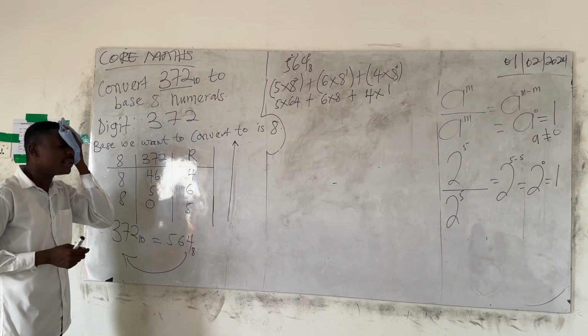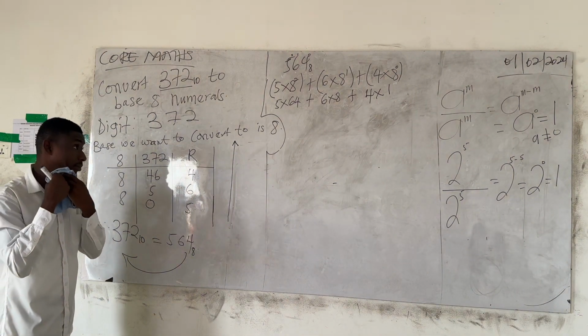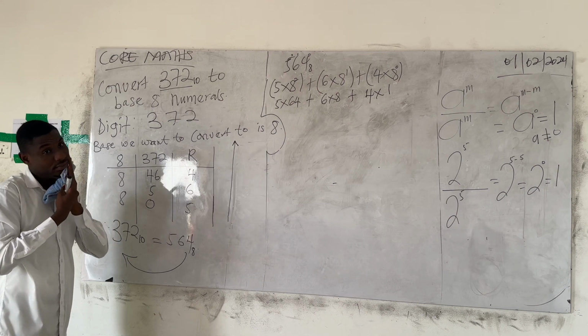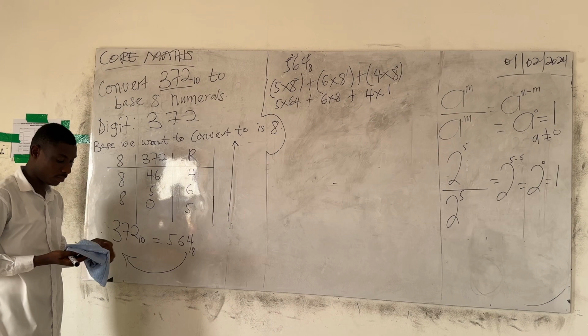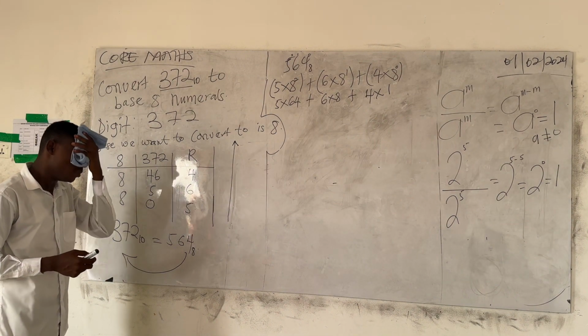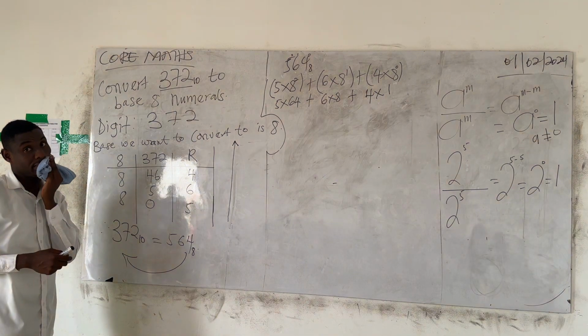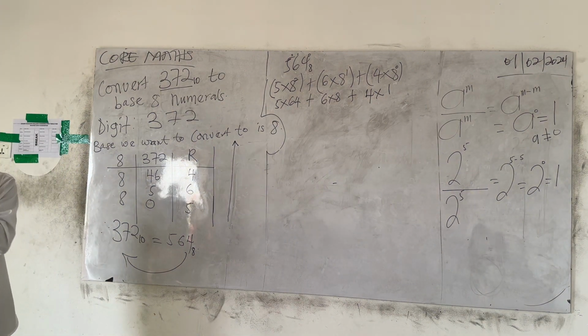Because x over x is the same as 1. So a exponent m divided by a exponent m is the same as 1, but indices were able to convert that to give us a exponent 0. So 1 is equivalent to a exponent 0, meaning any number to the power 0 is equal to what? 1. As simple as that.